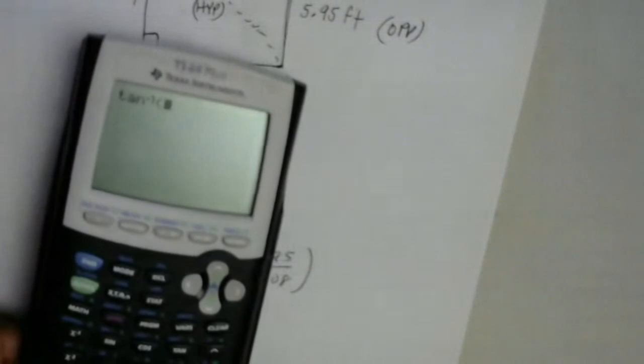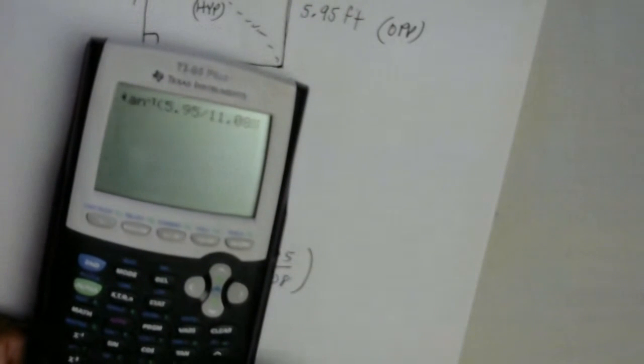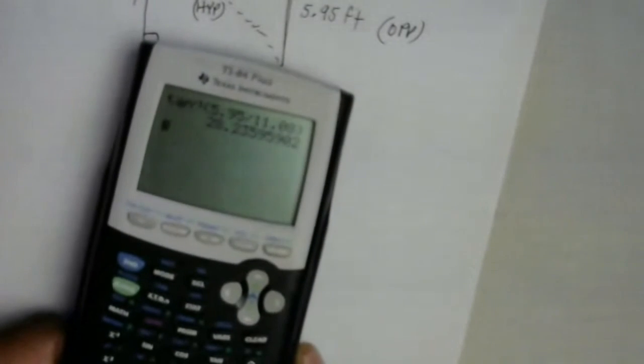The arc tangent of 5.95 divided by 11.08 gives us 28.23.